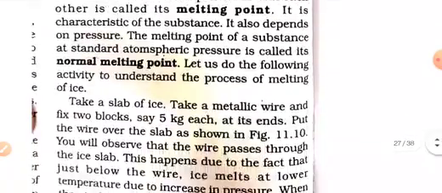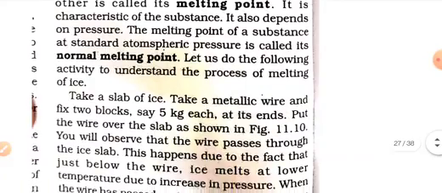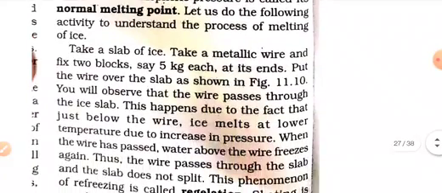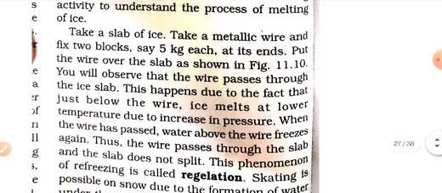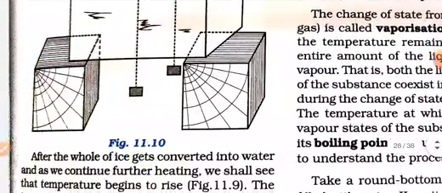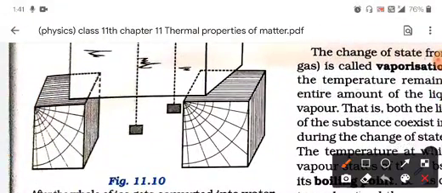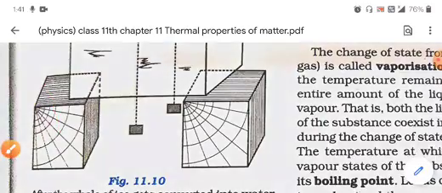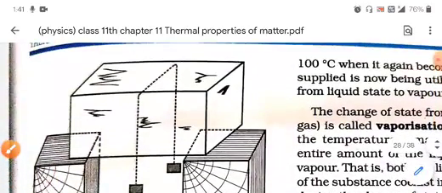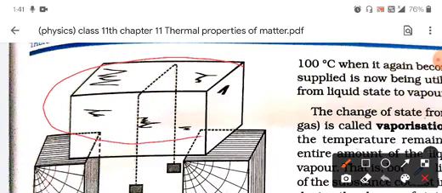Let us do the following activity to understand the process of melting of ice. Take a slab of ice, take a metallic wire and fix two blocks, say 5 kg each, at its ends. This is the ice block and this is the metallic wire we have taken, and these are the two blocks of 5 kg each.